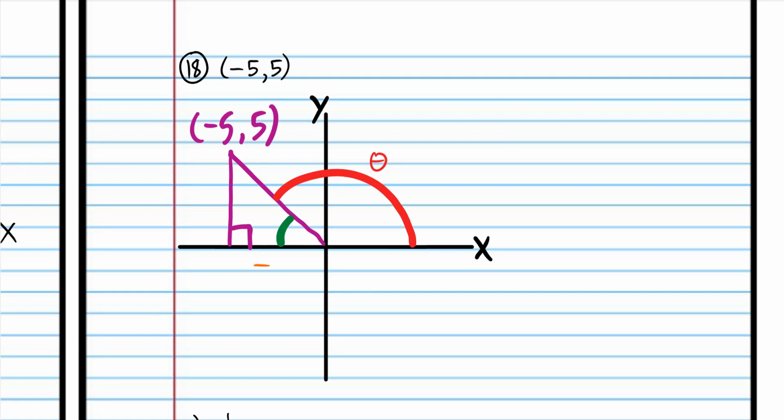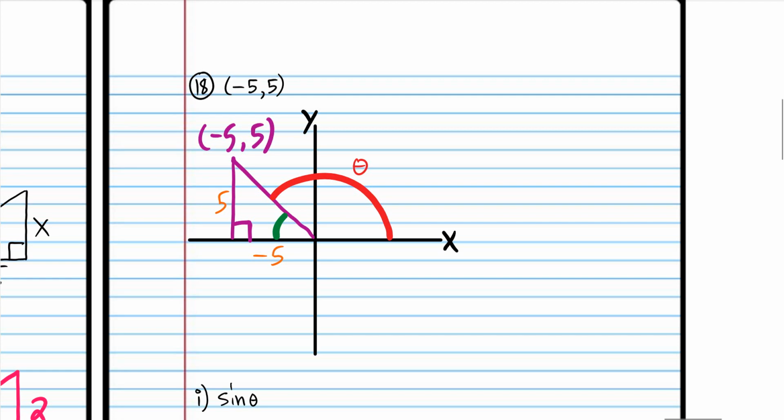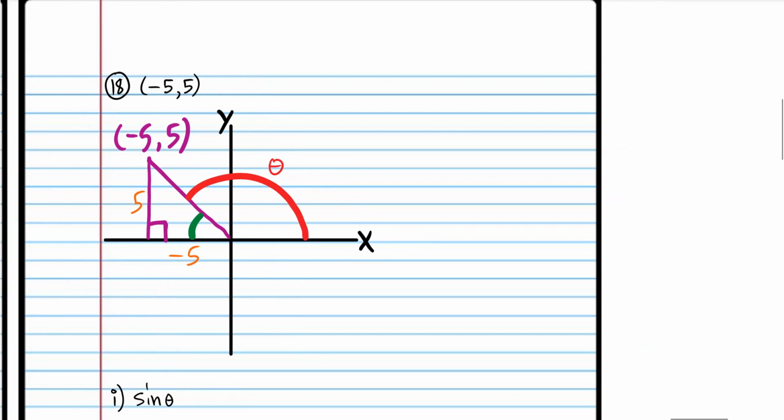And this side is negative 5, obviously, and this side is 5 based on the definition of rectangular coordinates. And because those sides are the same, we know that this is a 45, 45, 90 triangle. So these angles are 45 degrees.